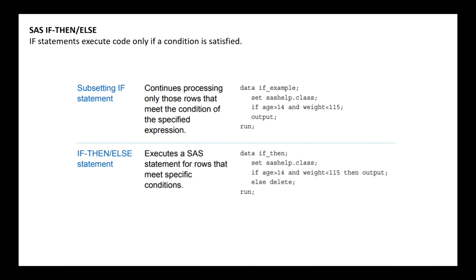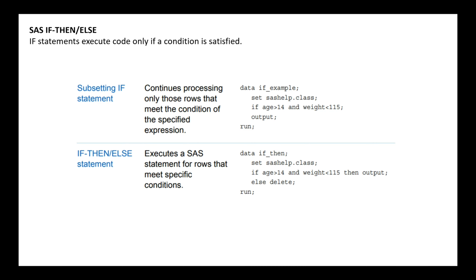Say, for example, looking at this example that we have, in our data step, we can see that if age is greater than 14 and weight is less than 115, we want to output that observation in the data which we call if example. So based on those conditions, we want to execute the following statements.